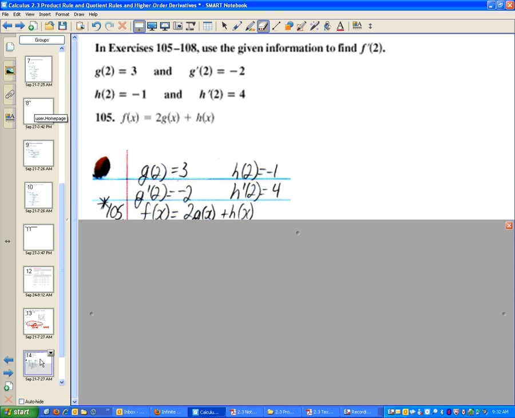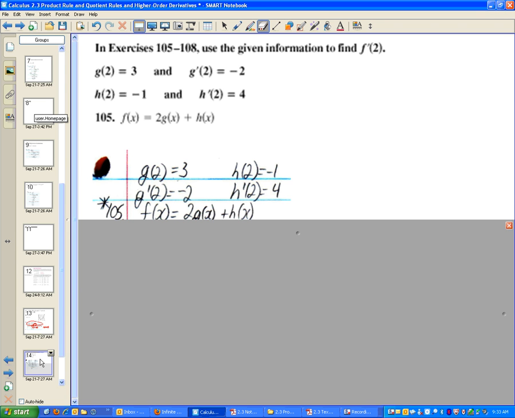Number 105. All right, let's see. We've got to turn over to page 128 for this one. They say, use the given information to find f prime of 2.